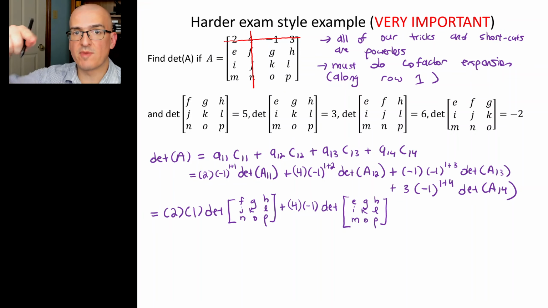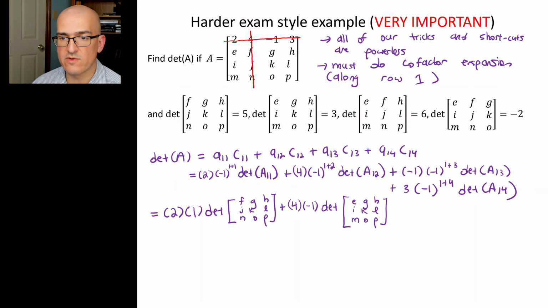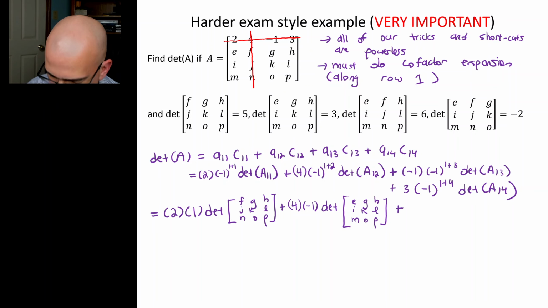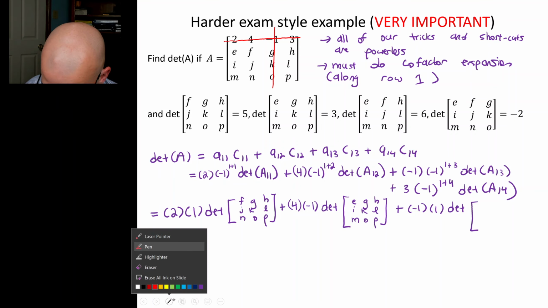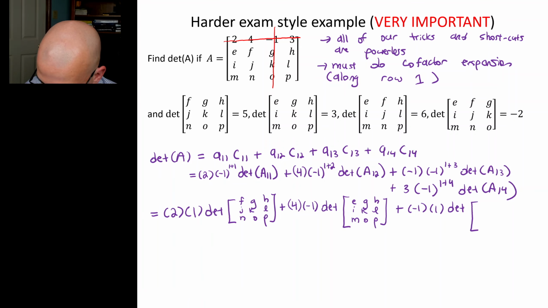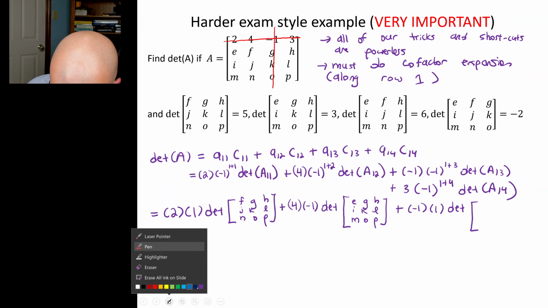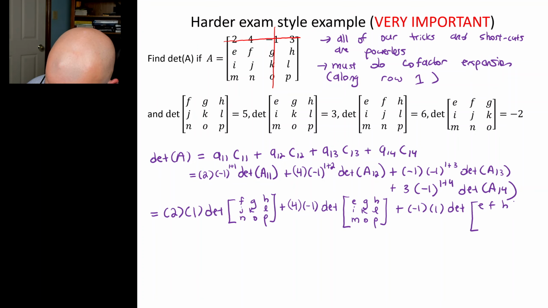And you're looking up top, you're looking above at the data that we have, and you're getting excited because we have all those things. Or maybe you're not getting excited. Maybe it's just me. Plus, negative 1 multiplied by positive 1 times the determinant of the submatrix. Now we want the A13 submatrix. So if we remove column 3 this time, we get EFH, IJL, MNP.